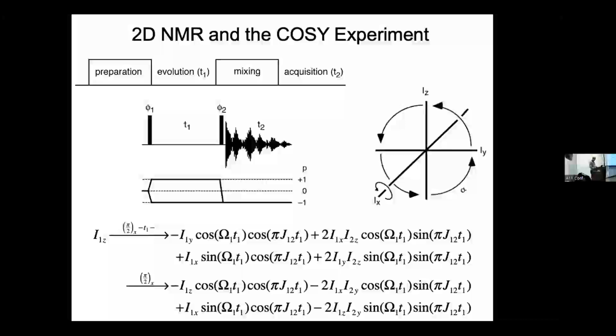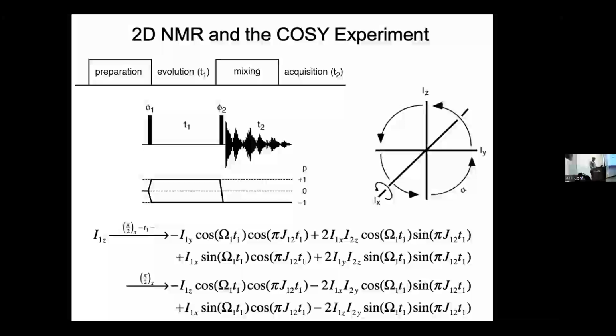And then over here, what do we have? First, what's the chemical shift frequency? It's going to be at omega 2, because the transverse operator is on the spin 2.